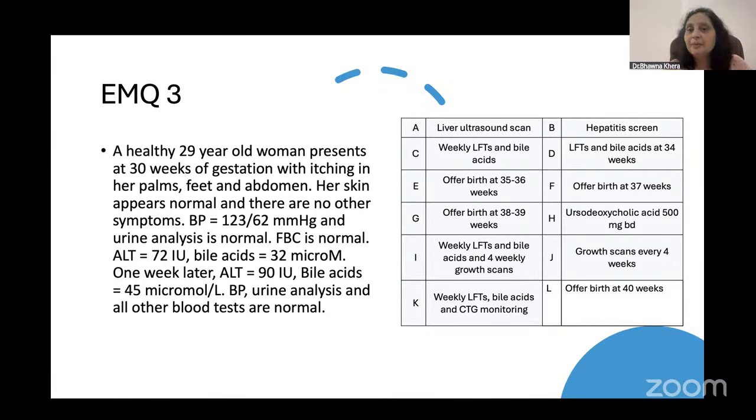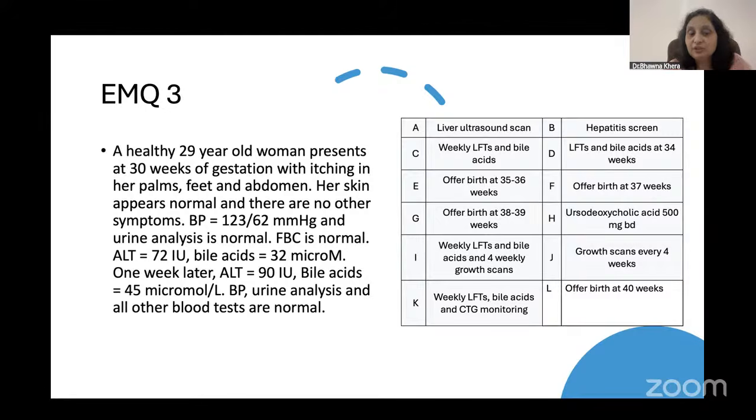So here is the EMQ 3. A healthy 29-year-old woman presents at 30 weeks of gestation with itching in her palms, feet, and abdomen. Her skin appears normal and there are no other symptoms. Blood pressure is 123 by 62 and urine analysis is normal. Full blood count is normal.